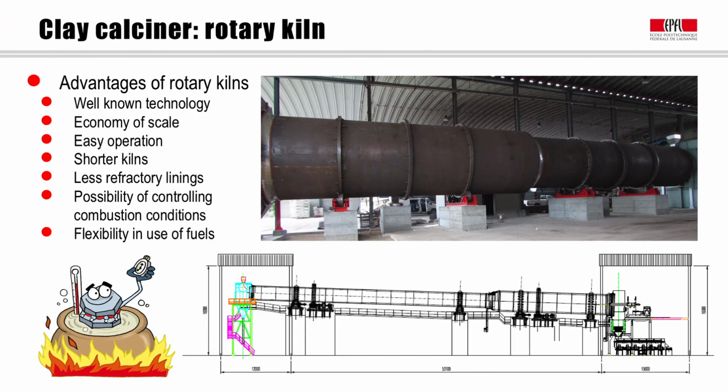This is an example of a rotary kiln, very well established technology. You have the advantage of being able to calcine on a very large scale, although you can use shorter kilns, less refractory lining. You have also the big advantage of flexibility in the use of fuels. And this will generally be the most economic process to produce calcined clays.